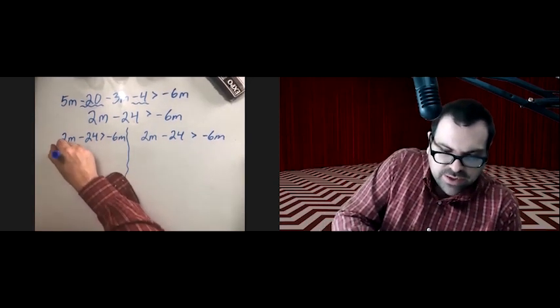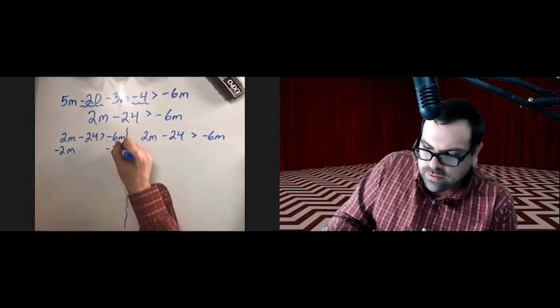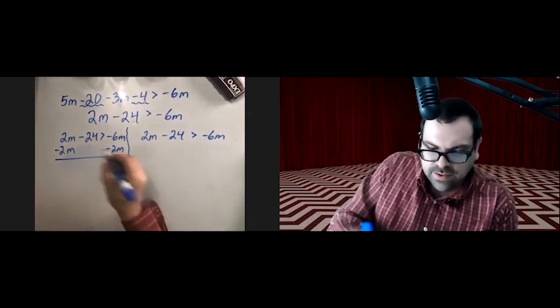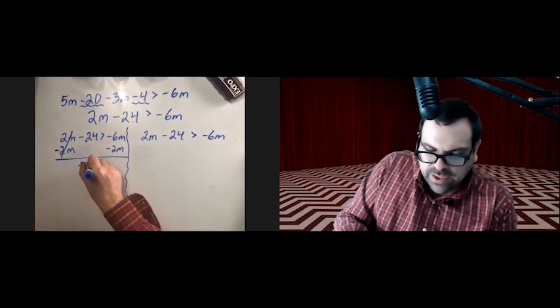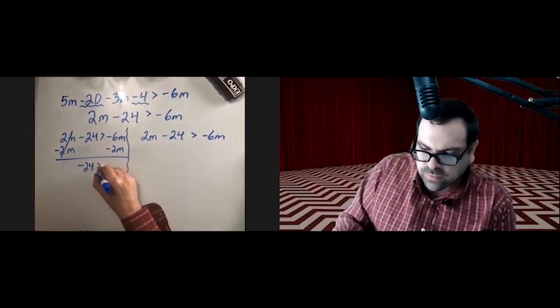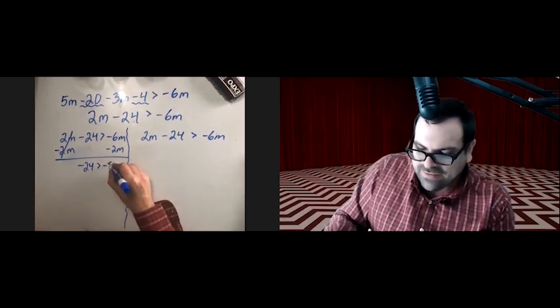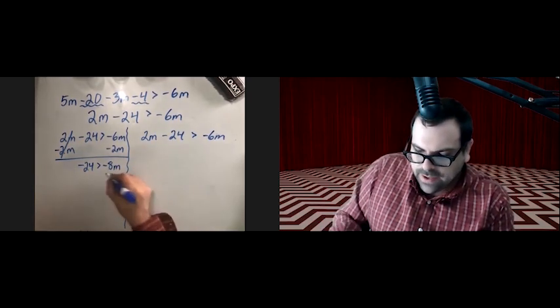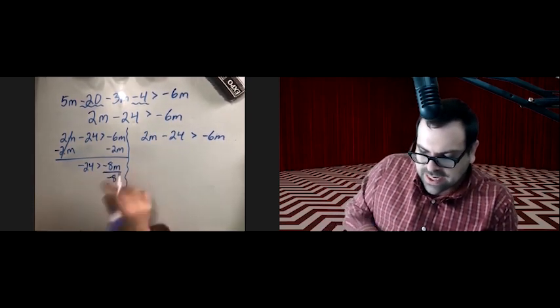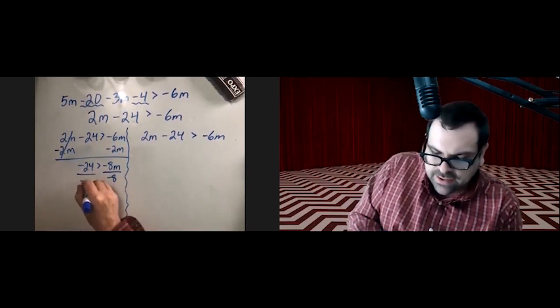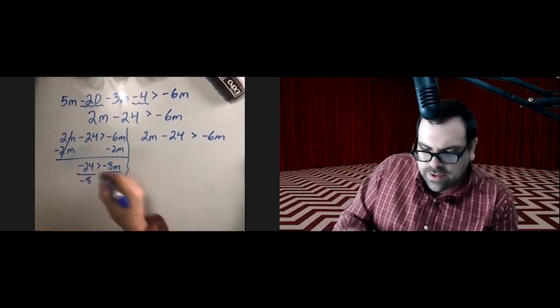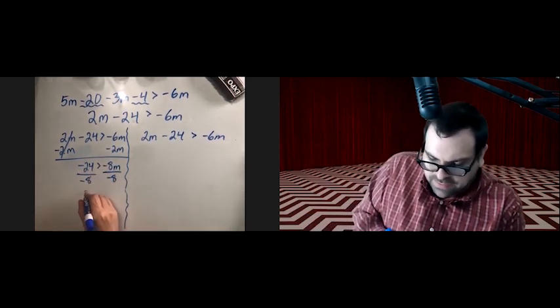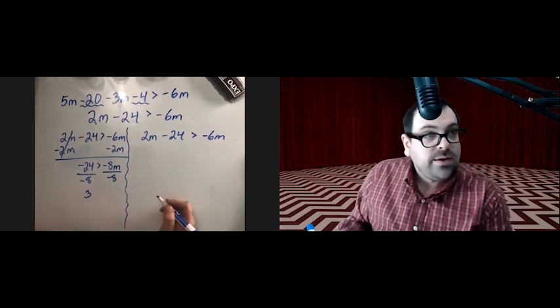If I subtract 2m from both sides, negative 24 would be greater than negative 8m. And then I would divide both sides by negative 8. Negative divided by negative is positive 3.